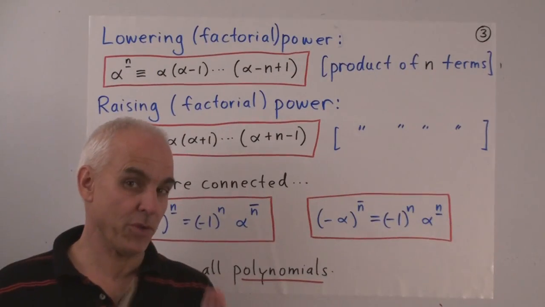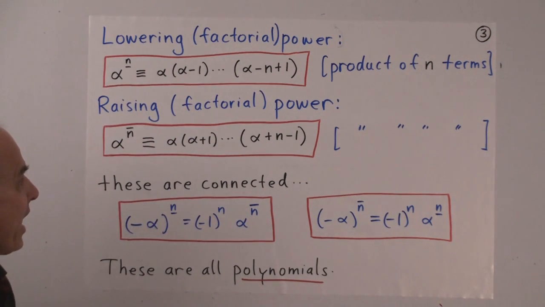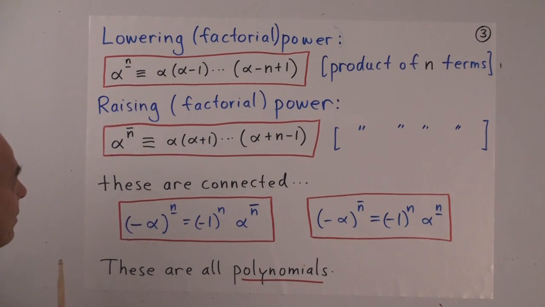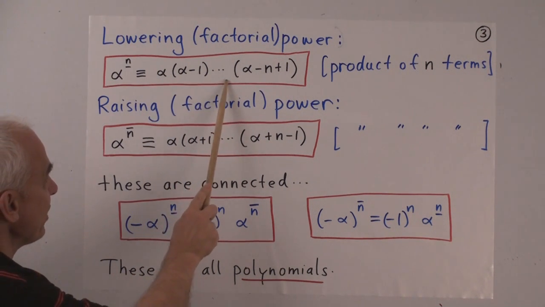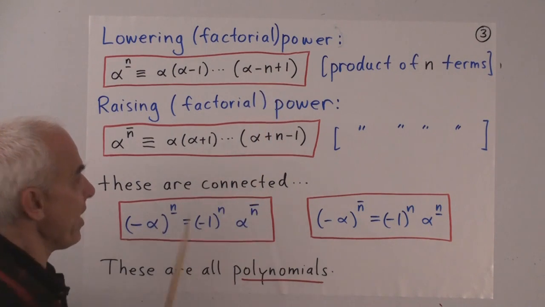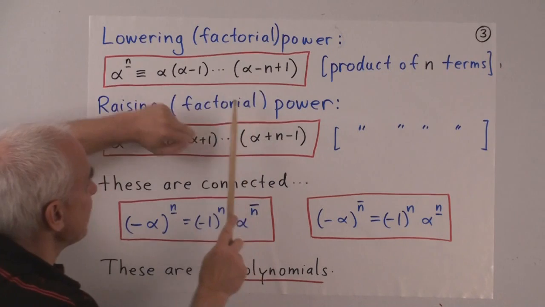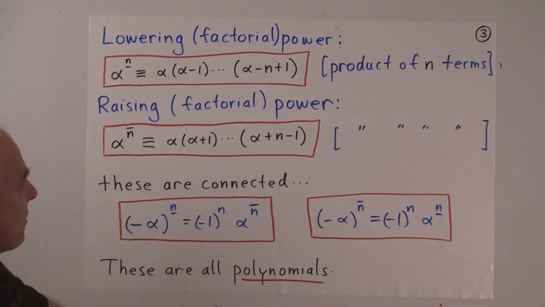All right, so let's make sure that we understand the definitions of these lowering and raising powers. So alpha to the n lowering is alpha times alpha minus 1 times alpha minus 2, all the way up to alpha minus n plus 1. And this index guarantees that we've actually got exactly n terms here.